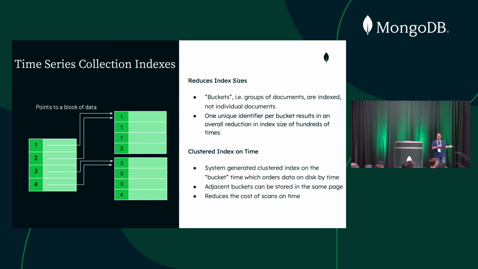Each bucket, as we said, has that minimum time, which is a little bit like before your first insert for a bucket, and we will create that automatic clustered index on them, so all of our buckets are ordered on disk. This is about really reducing the cost of scans, being able to leverage this without a secondary index for things like sort operations, and ultimately it also allows us to store adjacent buckets in the same data page, so faster access to data on disk.